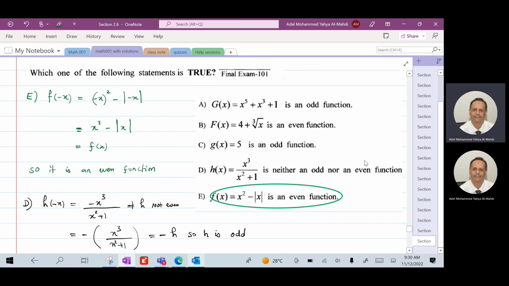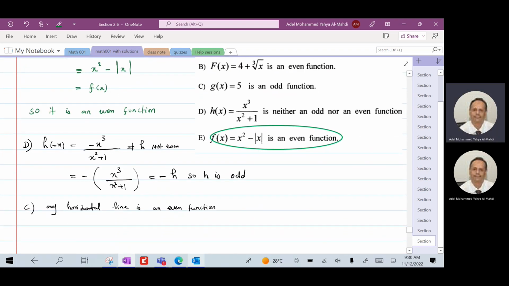Like B, why is B not true? So B, let us test f at minus x. It will be 4 plus minus x cubed. And this can be simplified into 4 minus cube root of x.